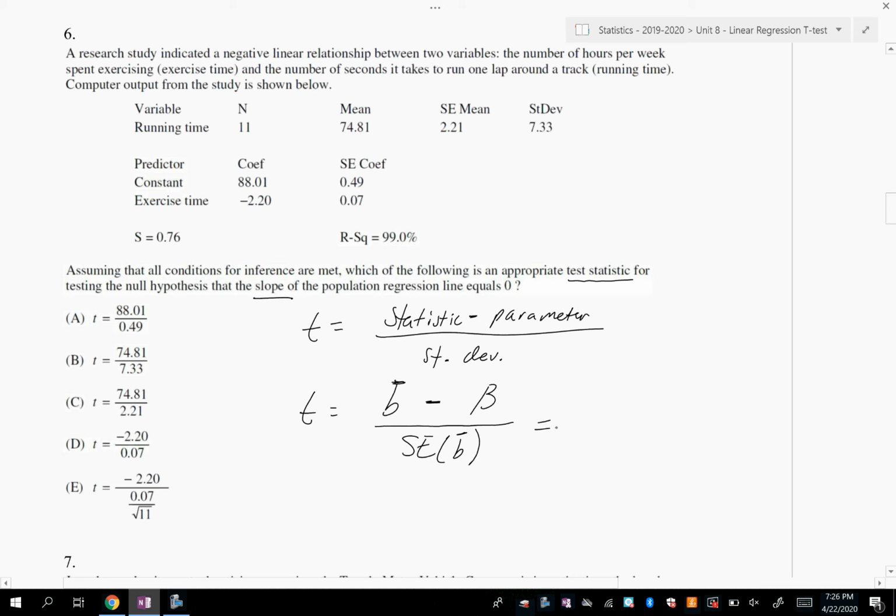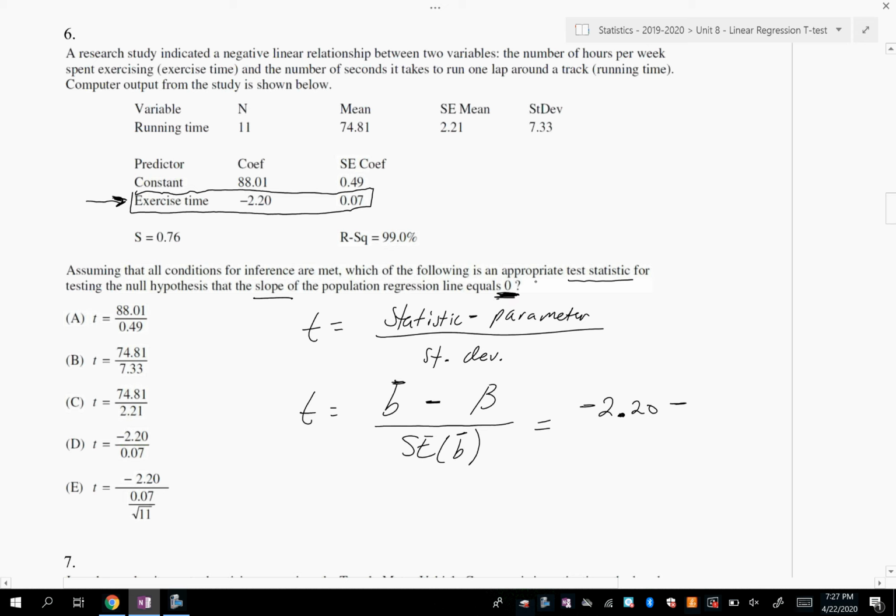Now, it's telling us a couple of things. Number one, we know from the computer output up here, again, I only ever care about the row that has a variable name other than constant or intercept. So this is the only row I care about. So my b bar is negative 2.20 minus, it says we're comparing it to a slope of 0.